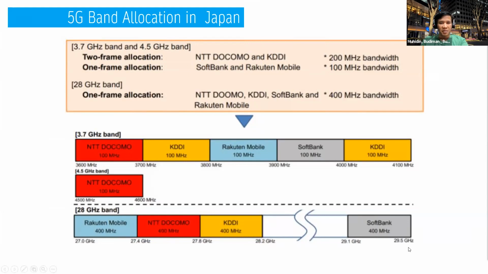Rakuten has mmWave frequency, and the band number is n257. It ranges from 27 gigahertz to 27.4, so Rakuten has 400 megahertz bandwidth. Recently we got a new update that Rakuten Mobile has just received approval to expand 5G via 1.7 gigahertz, which means that we will have more 5G coverage in the future.